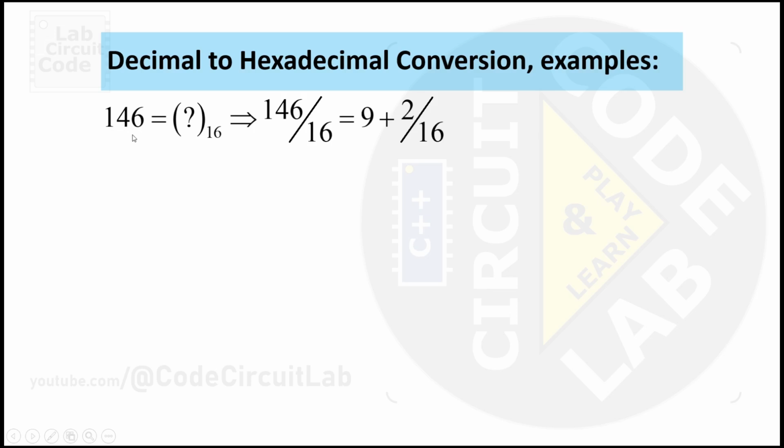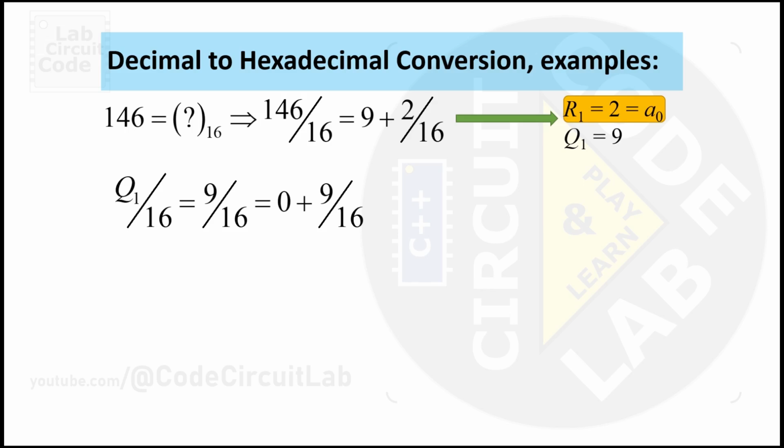146 in base 10 is equal to what in base 16? 146 must first be divided by 16. We get a 9 as a quotient plus a 2 as a remainder. So our first remainder is 2 and our first quotient is 9. Next, we use the first quotient and divide it by 16.